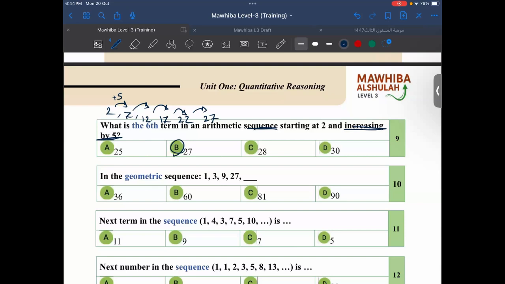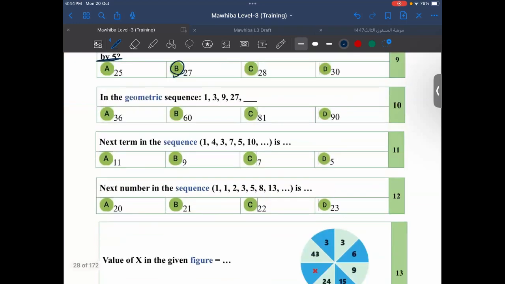Okay, so basically we know the pattern here, and we just continued on the same pattern. Okay, let's see question 10. Yes, Sarah? The sequence 1, 3, 9, 27, they're multiplying by 3 in each one. So 27 times 3 equals 81. Excellent.